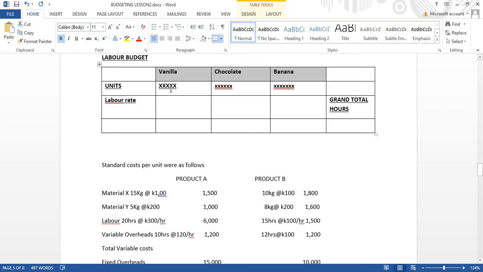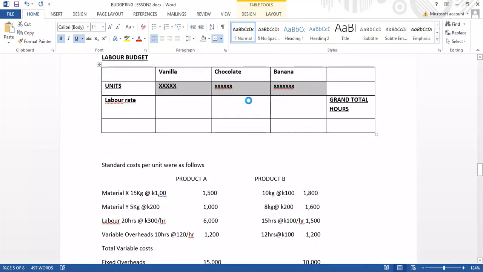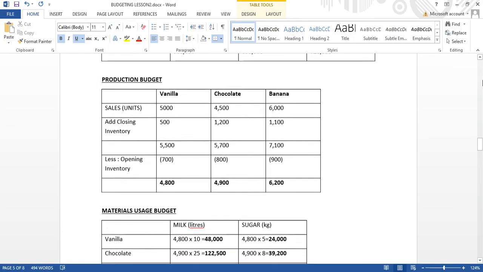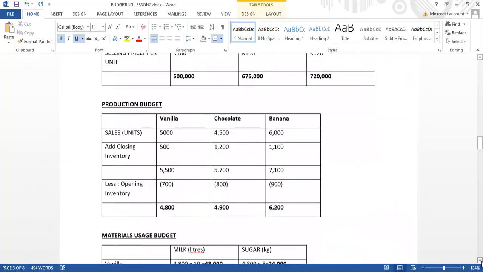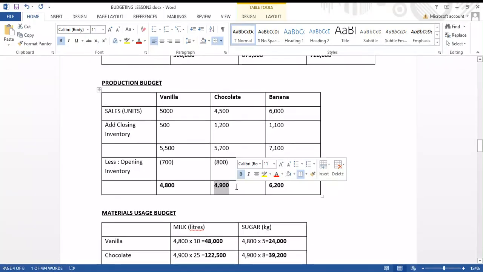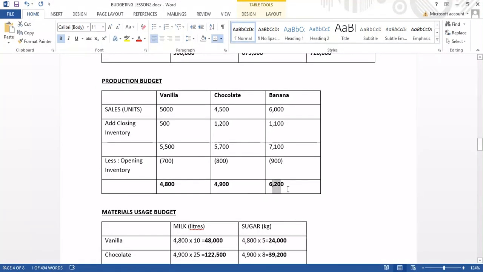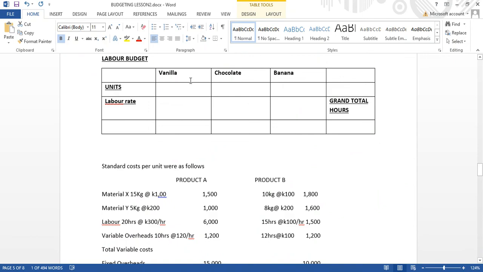Right. So the number of units we're expected to produce for these flavors was given here in our production budget: 4,800 units of vanilla, 4,900 units of chocolate, and 6,200 units of banana. That's the information we need.